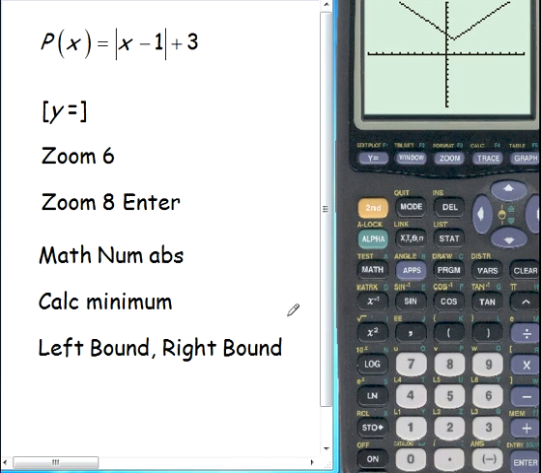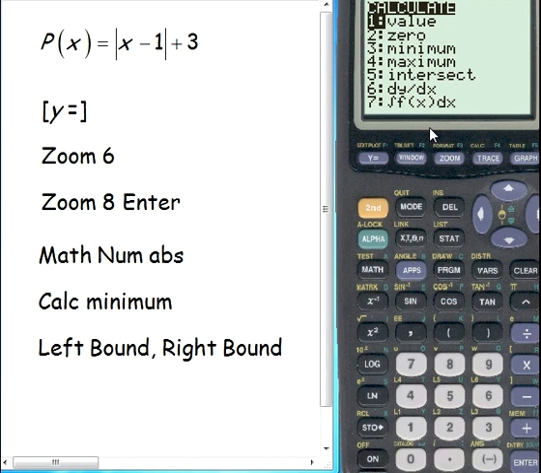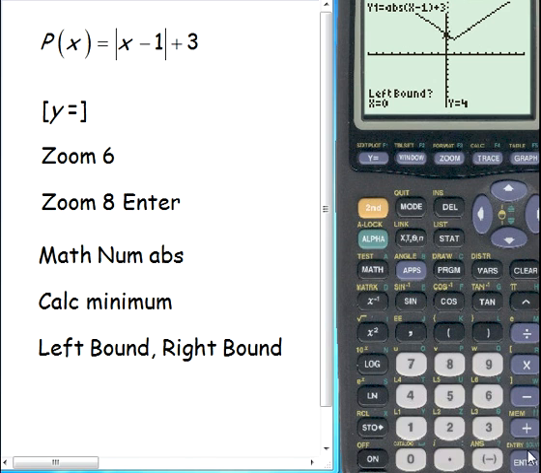But let's go ahead and use this function to calculate the minimum on the calculator. The way that you do that is you hit second and calc, which is above the trace key. The minimum is the third thing down, and I'll hit enter.